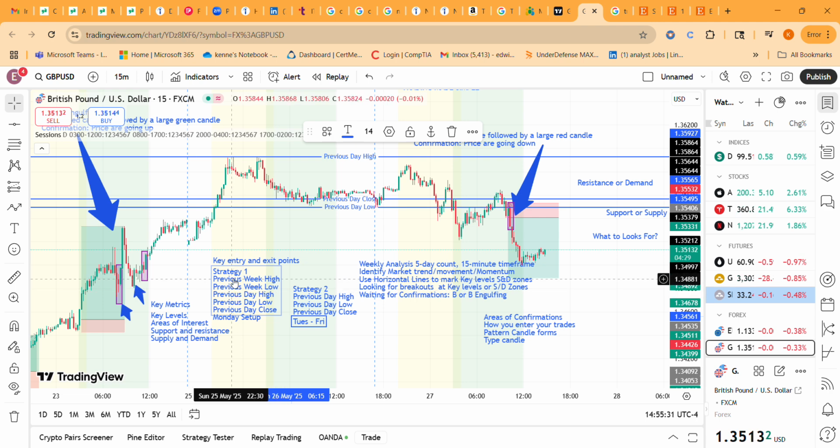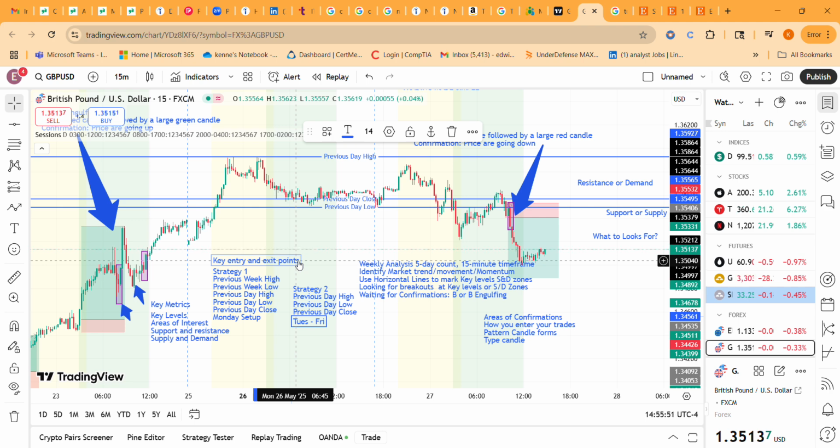So when it comes to how you know when to enter and exit a trade, I just call it key entry and exit points, right? Your confirmation now depends entirely on the candlestick formation patterns.